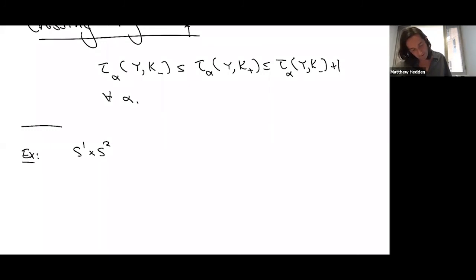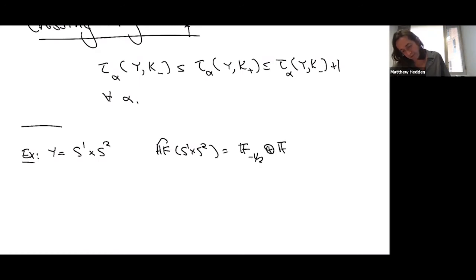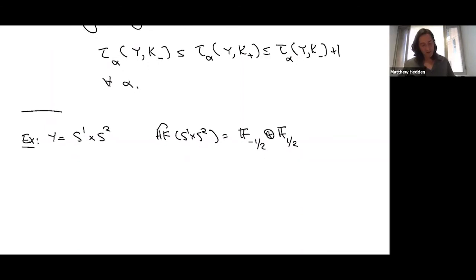If I look at Y equals S1 cross S2, the Floer homology of S1 cross S2 is two-dimensional and supported in gradings -0.5 and 0.5 respectively. Both of those summands are in the image of particular four manifolds.